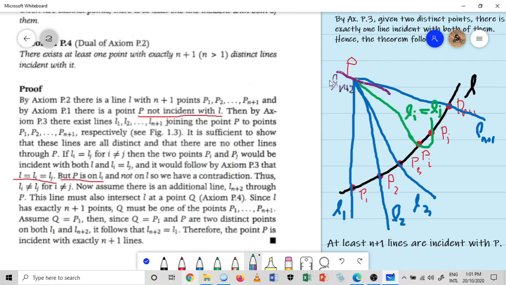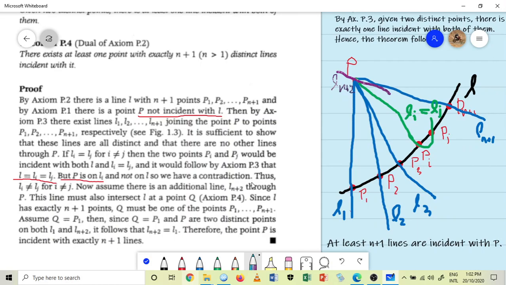Now, recall that axiom P.4 says that for two distinct lines, there should be exactly one point incident with both of them, meaning two distinct lines must intersect.